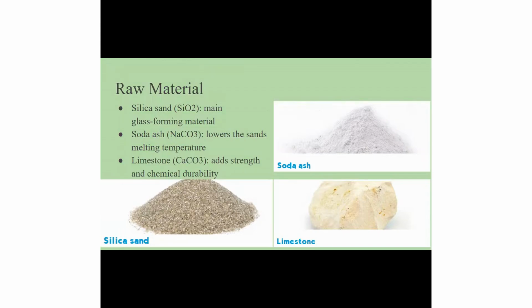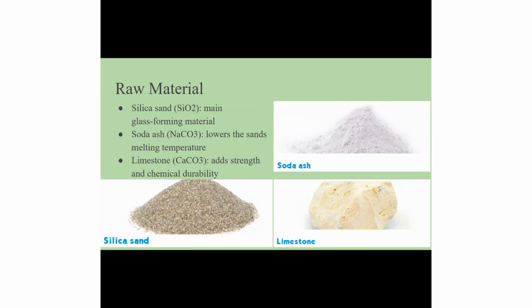The raw material that makes up glass. Soda lime glass is made from three main raw materials. Silica sand is the primary ingredient and forms the structure of the glass, but it has a very high melting point on its own.